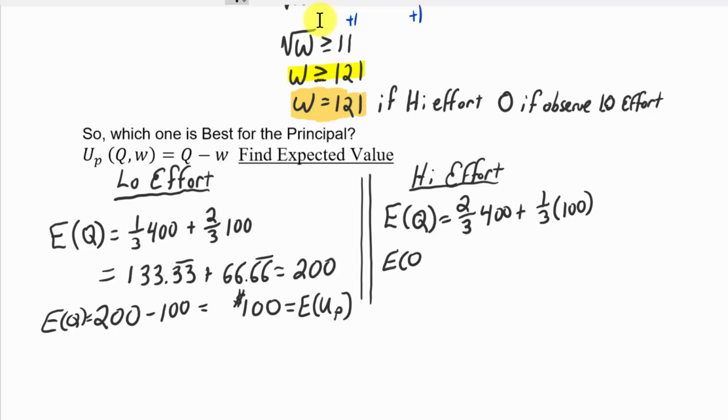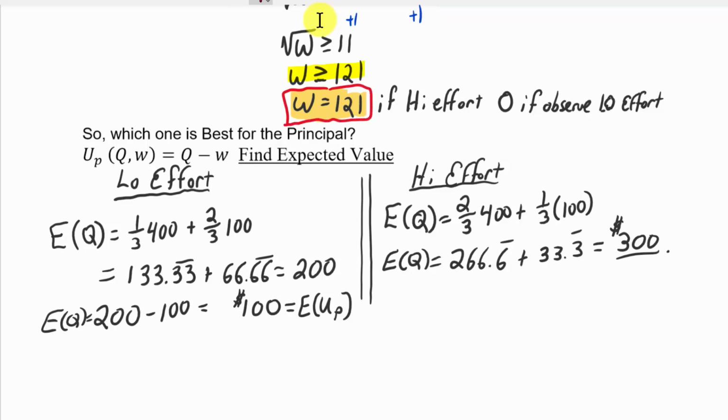So that expected value of the output is equal to 266.66666 plus 33.33333 equals 300 dollars or euros or whatever we have here. And then we're going to have to pay this person $121 when they provide that high effort. So the expected value of the utility of the principal here would be 300 minus 121 equals 179.